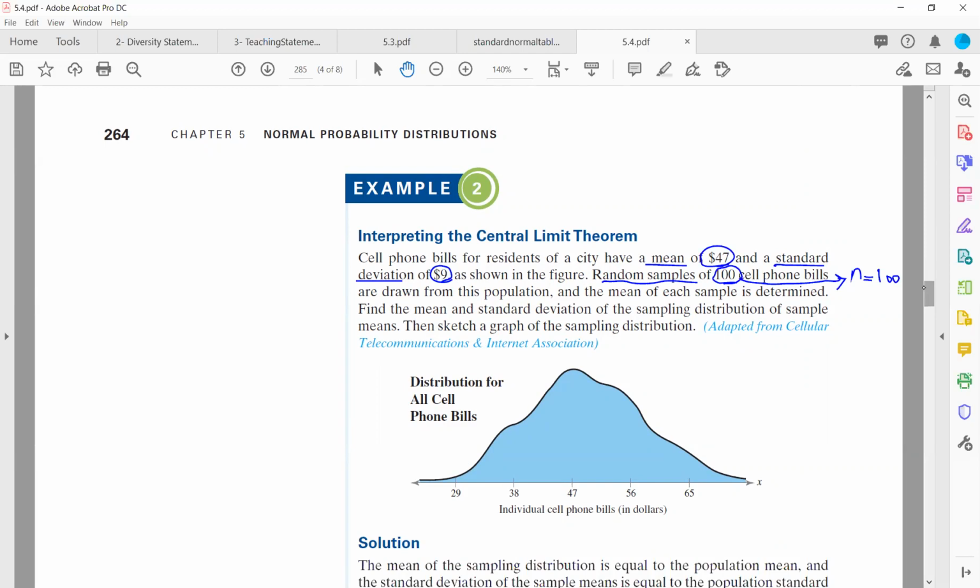The question says find the mean and standard deviation of the sampling distribution of sample means. So we're looking for mu sub x bar and sigma sub x bar. We're looking for these two values.